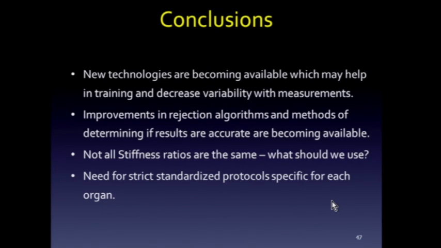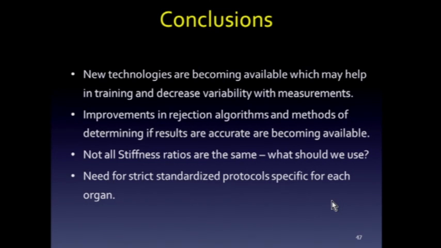To conclude, new technologies are becoming available which may help in training and decrease the variability between measurements. Improvements in rejection algorithms and methods of determining if results are accurate are becoming available and will continue to grow, so that with time we should be getting more accurate and consistent results between labs and across the world. Remember right now that all stiffness ratios are not the same.